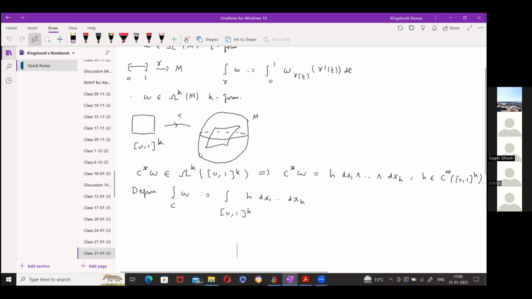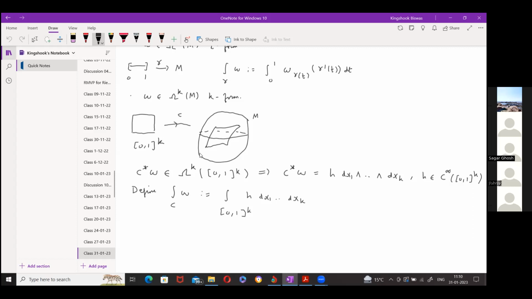So how do we see this as a generalization of the example for K equal to 1? Well, what is this function h? To compute this function h, you evaluate both sides of this equality on the basis E1 to Ek, right?